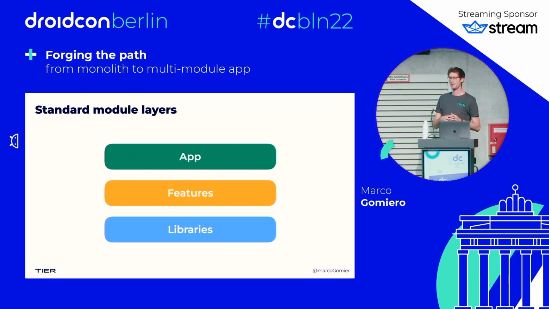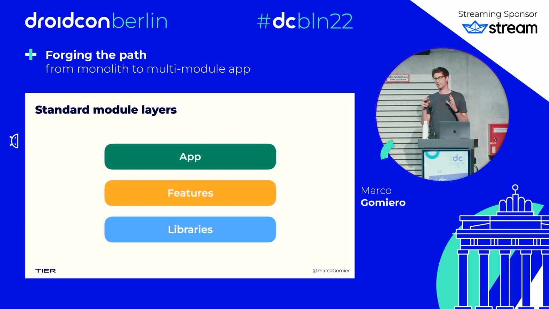And then at the topmost, there is the Android application, which is usually only one, but there could also be multiple applications if you have a multi-flavored application. This is the module that basically orchestrates everything.